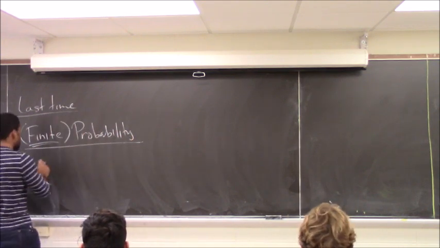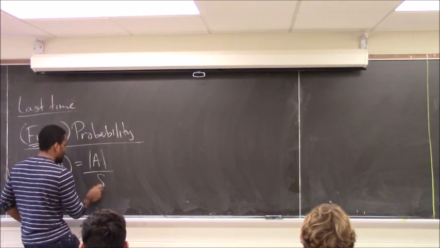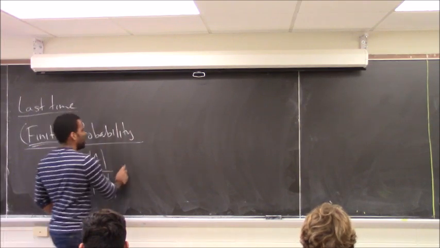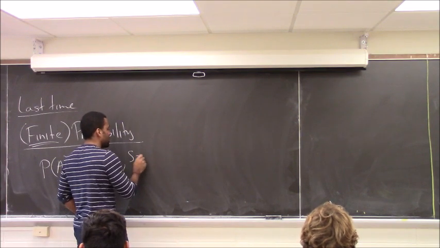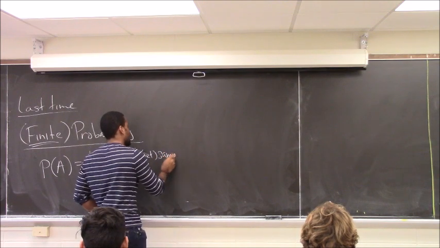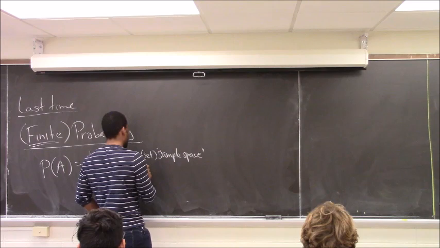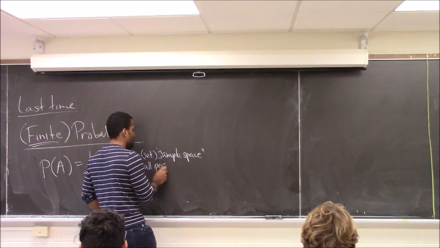So we define the probability of an event A to be the size of the set A over the size of S. S is a set called a sample space, and it describes all possible outcomes.